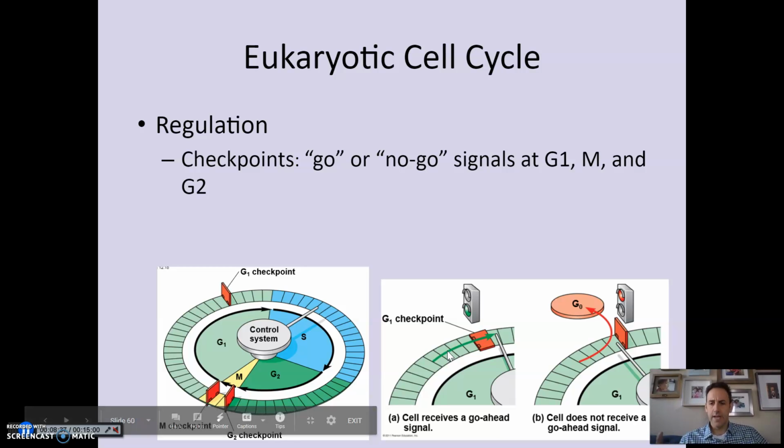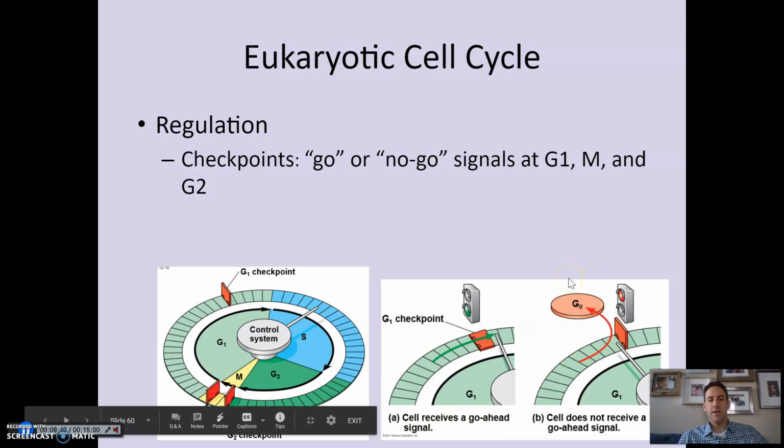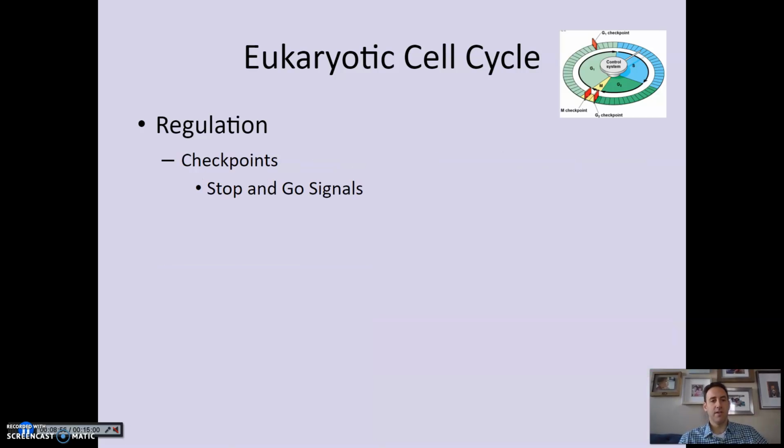If so, go ahead, and we continue to divide. If, however, there's a problem, then that cell will peel away from cell division and either go back to G0, where it's not dividing, or in some cases will kill itself off through a process called apoptosis, which we'll talk about in a moment.